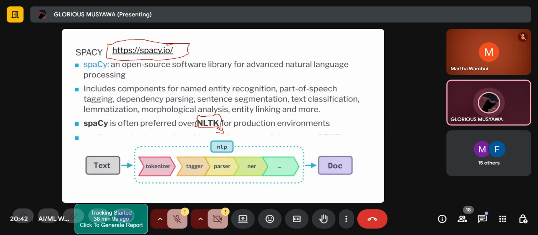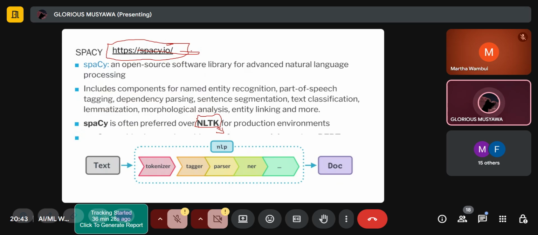So documentation is a key point in any tech. Honestly, even if you're doing any other thing in the bootcamp, you're going to be told the same thing. Documentation is going to tell you everything you need to know. So this is the documentation page for Spacy. You can visit it and see what it does.